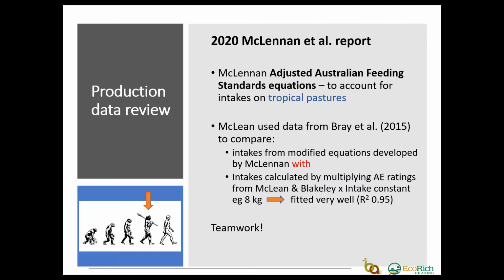So from that, it was an AE rating multiplied by 8 kilograms was the figure that we used. And that comparison gave a very good fit, and we'll show you that later on. It gave an R squared of 0.95, which in biological terms is a really good fit. So that worked very well. We'll talk about that a little more later on.